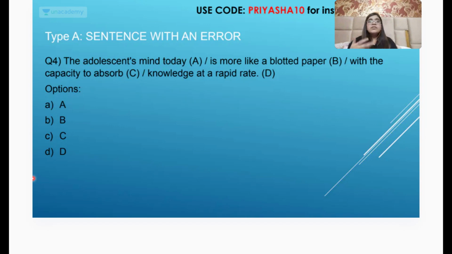But here, more than what? There is no comparison on the other end. The adolescent's mind today is more like a blotted paper. Compared to what? Blotted paper is compared to what? Nothing.